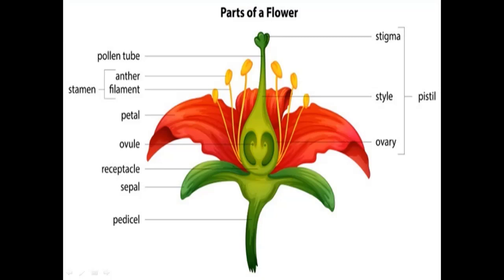Why must one know about the different parts of the flower? Because all living things carry out reproduction in different ways, either sexually or asexually.